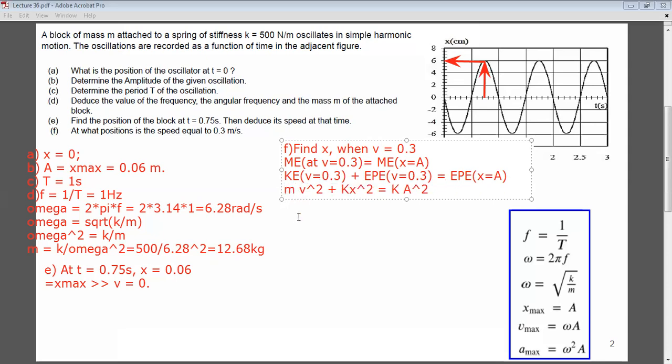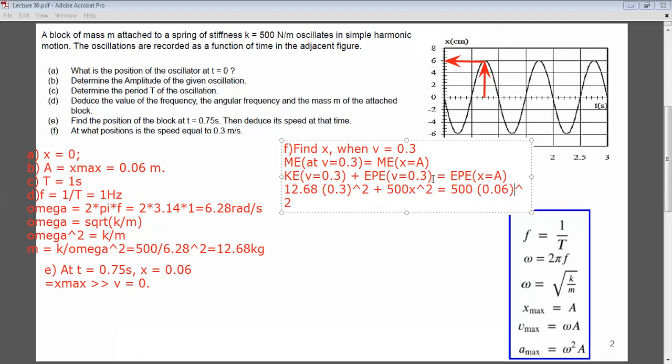Okay. And so it's 12.68, v is 0.3, k is 500, x is my unknown, k is 500, and A is 0.06.